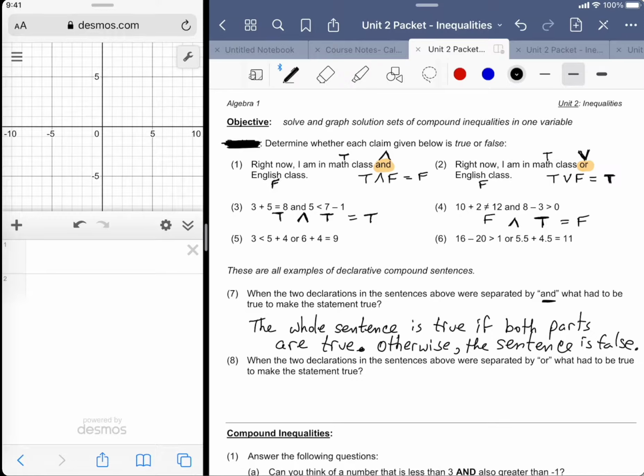But in the case of or, it actually turns out that if either part of the sentence is true, then the whole sentence is true.